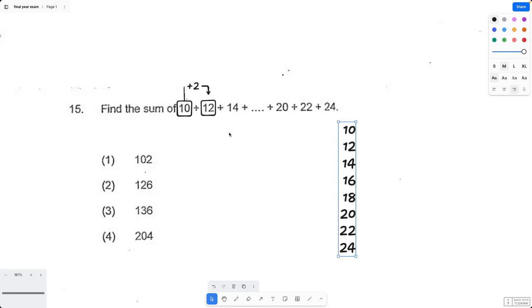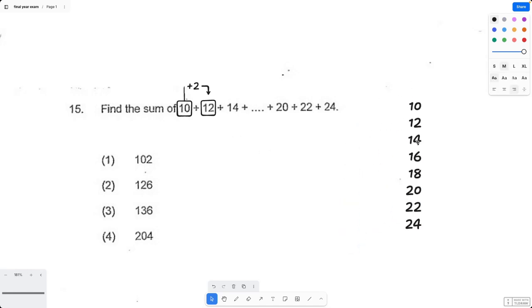Luckily, this is a very simple question where you can actually add all those up and you get the right answer. But what if the number here is like 100 and something? So first we need to know from this pattern how many numbers there are. You have 10, 12, 14, 16, 18, 20, 22, and 24.